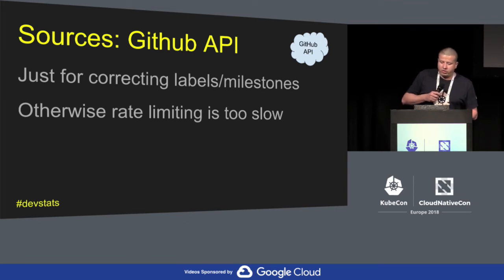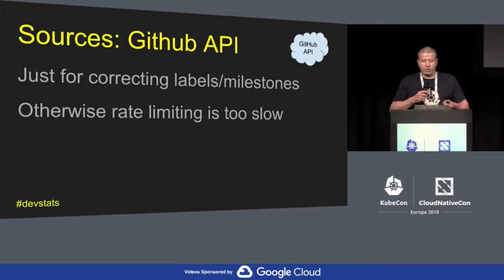And finally, we are using the GitHub API source. One may ask why we don't use this for everything, but it's rate limited. We have 5,000 points per hour, which is way too low to get the data we need. We can't get past state of the objects from the GitHub API. And it's also quite slow.